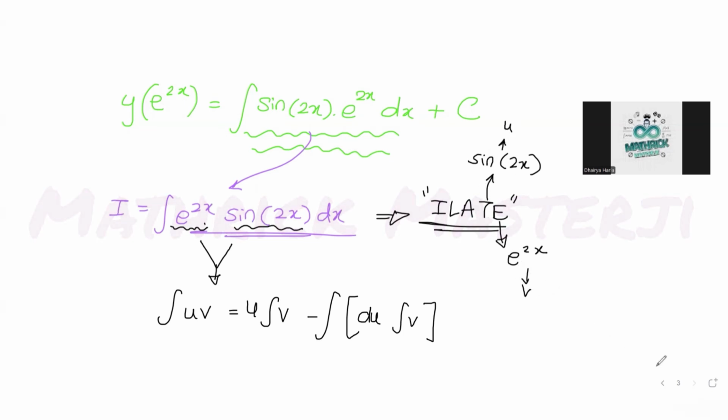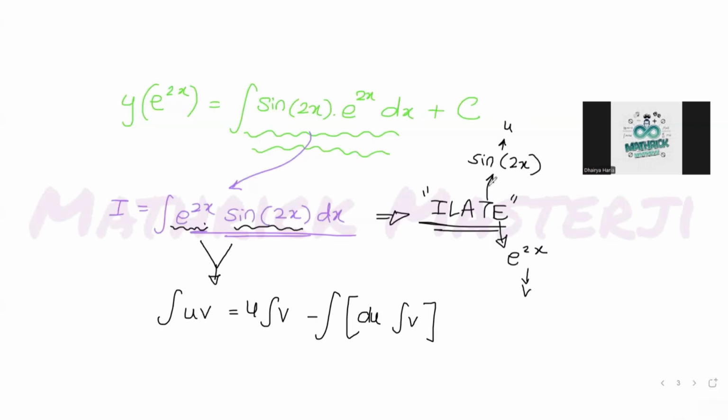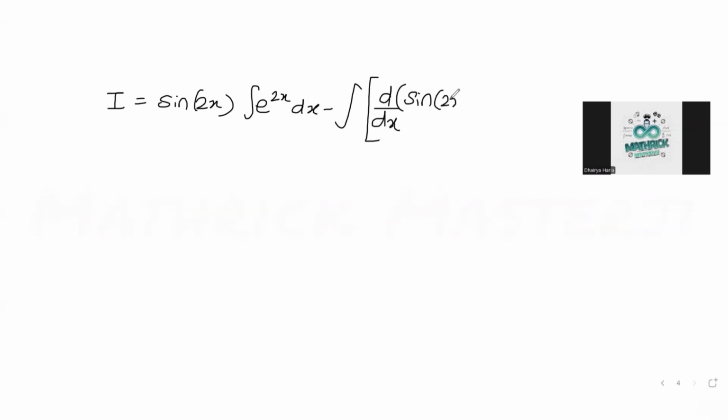So I get I equals u, which is sine 2x, I'll write it outside, times the integral of e raised to 2x dx, minus a big integral of the derivative of sine 2x times the integral of e raised to 2x dx.